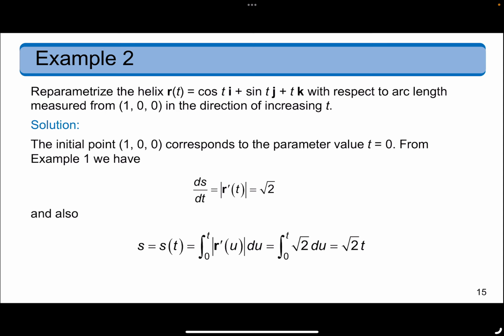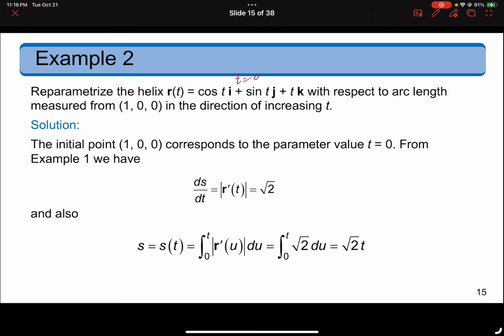This corresponds to the parameter value of t equal to 0. Cosine 0 is 1, sine 0 is 0, and t equal to 0, so 0. So we start from the point (1, 0, 0).